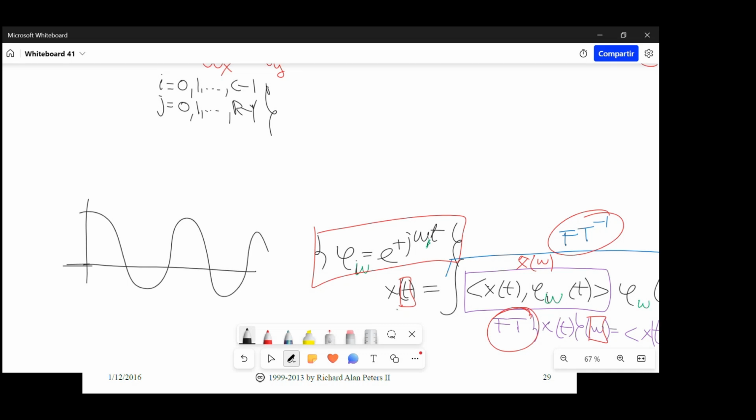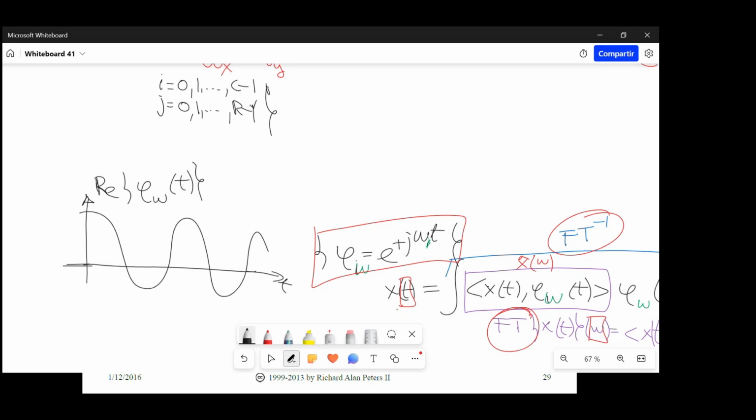Say this is my wave. This is time. But actually, what I represented here is the real part of the basis, because I cannot represent the basis. I'm just representing the real part.